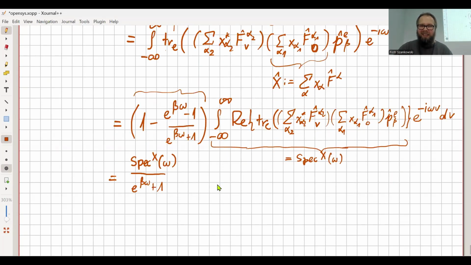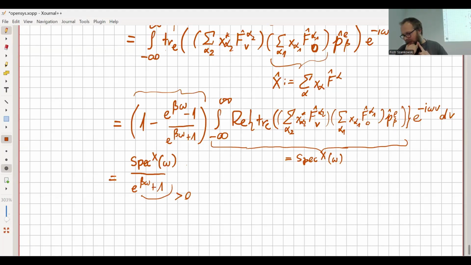Okay. So this is a physically relevant thing, and this coefficient here is obviously positive, it's non-zero, and for the spectral density, there are two ways of showing that it is also non-negative.